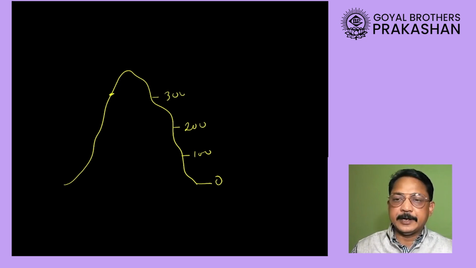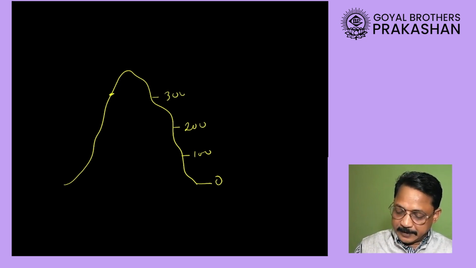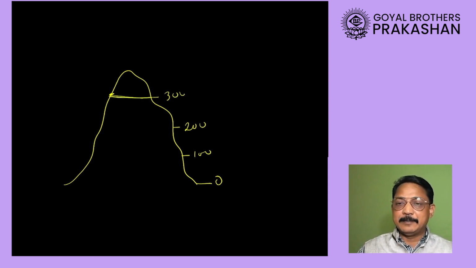Now let us say, suppose this is a mountain. Let us say this height is 0 meter, 100 meter, 200 meter, 300 meter. So this side will also be 300 meter. If I join these two places of equal altitude, I will call this line a contour line.